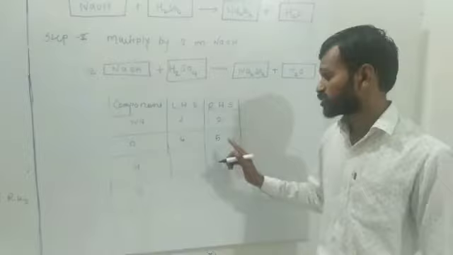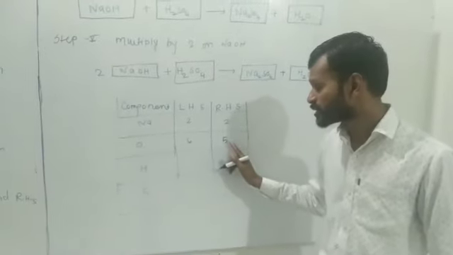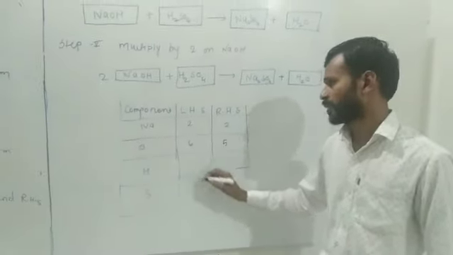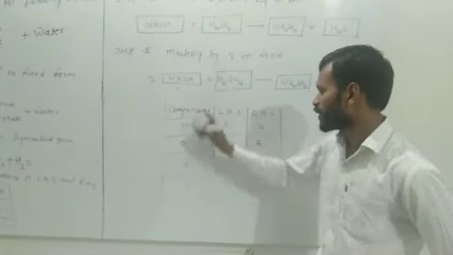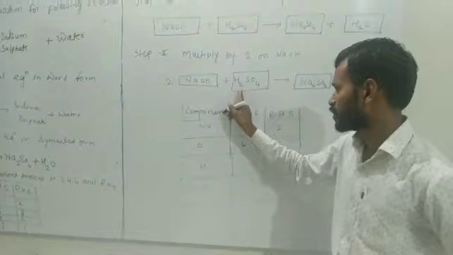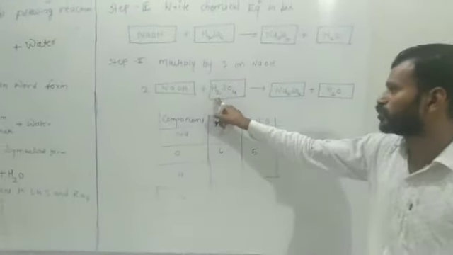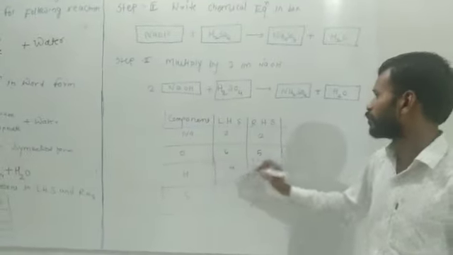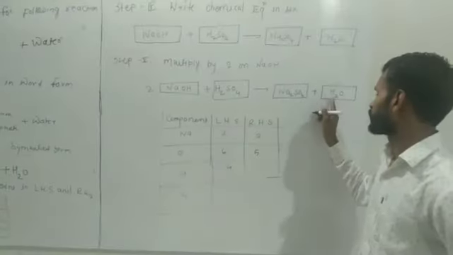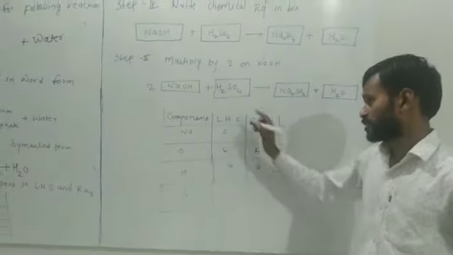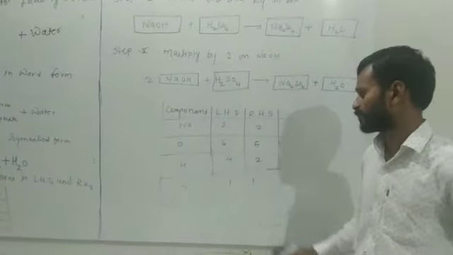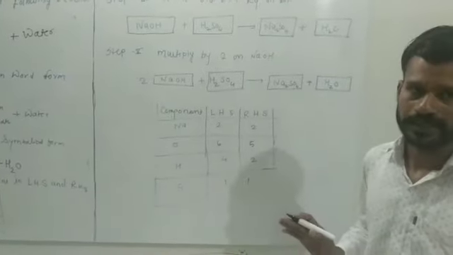Stop, it is not 6, it is 5. Hydrogen: 2 and 2 become 4 on the LHS, but on the RHS there are only 2. Sulfur is 1 and 1. So it is again unbalanced.